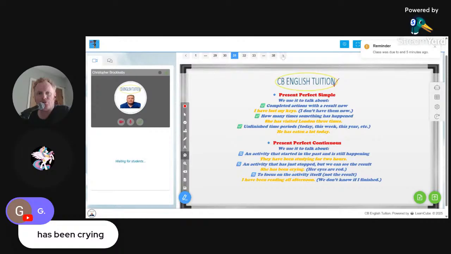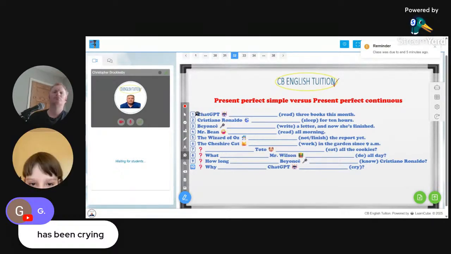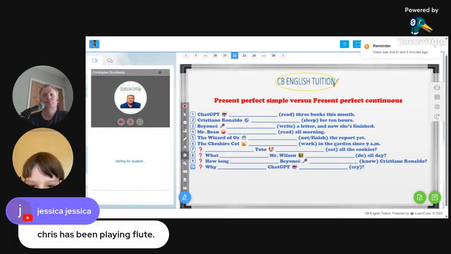Okay, so let's try. The next exercise is present perfect simple versus present perfect continuous. So we choose when we use one and when we use the other. So Varvara, can you do number 1? Okay. Has read 3 books this month.